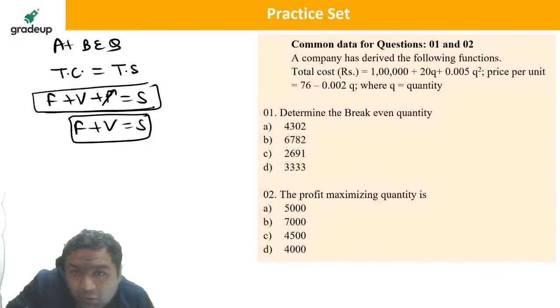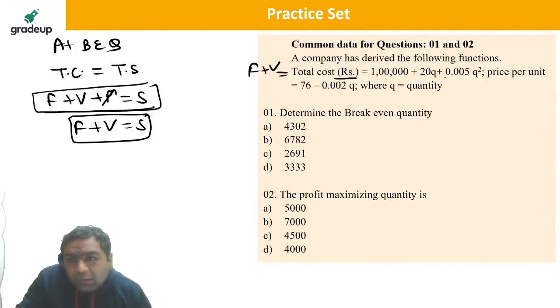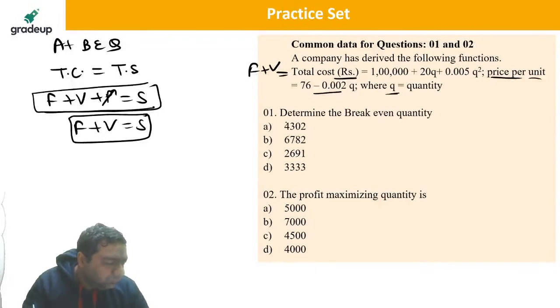So you know total cost is given, means fixed plus variable. Price per unit is already mentioned. Q is the quantities. Just equate.